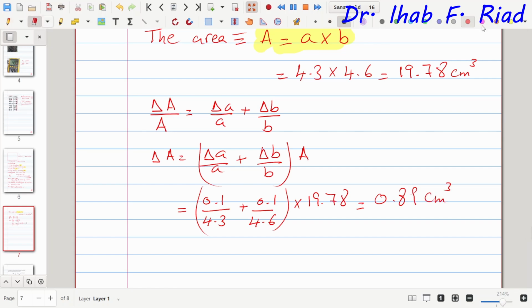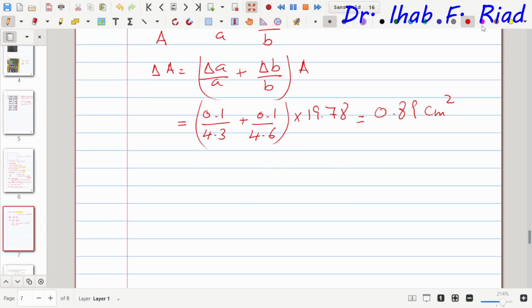Sorry, square, it is square, it's not cube. So delta A is 0.89 centimeter square.